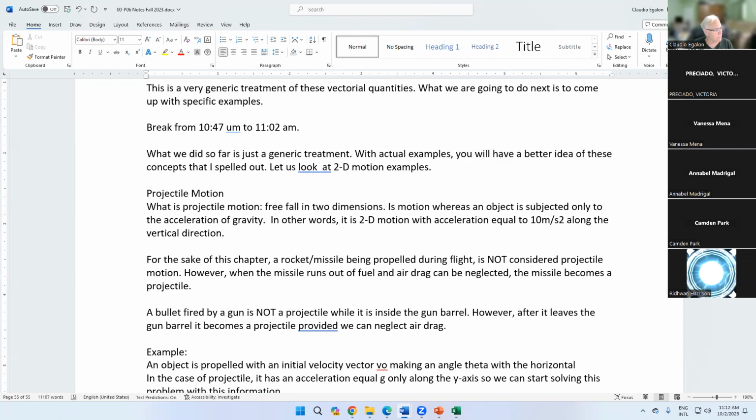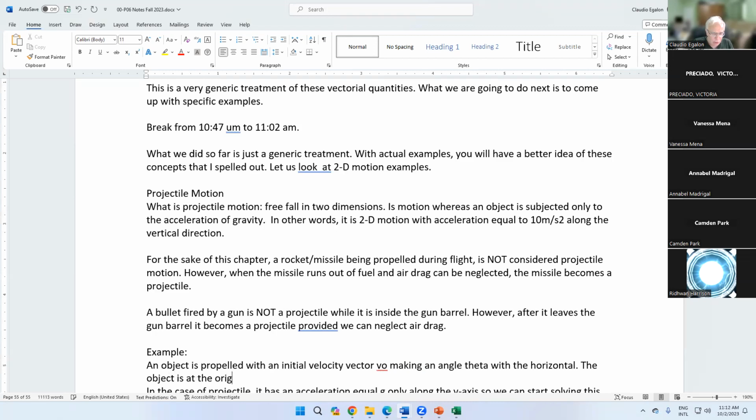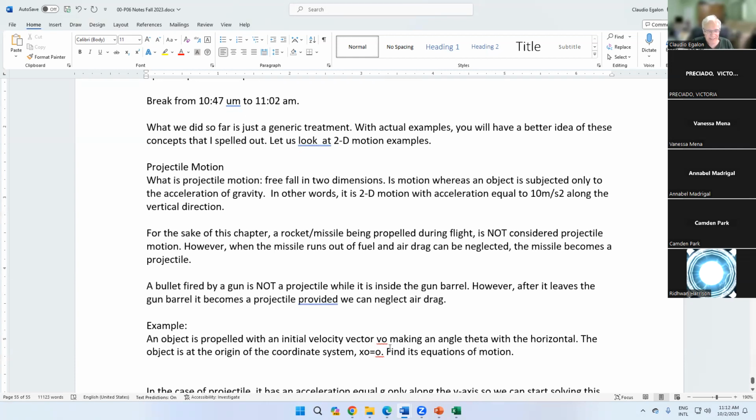The object is at the origin of the coordinate system. What does it mean? x naught equal to 0. Find its equations of motion.